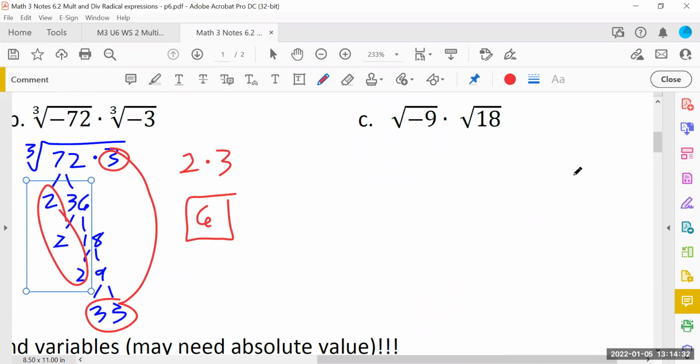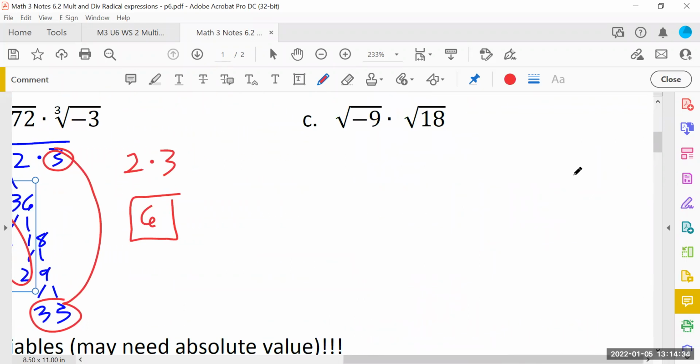So then letter C, this one we're back to square roots. Square root of negative 9 times the square root of 18. Square root of a negative is going to be an i. Now you have 2 options here. You can break the 9 apart into 3 and 3. Or you can take the 18 and make it 9 and 2 and take out the pair of 9s.